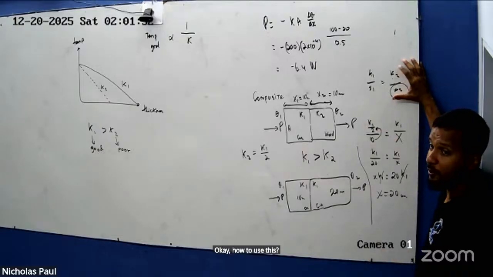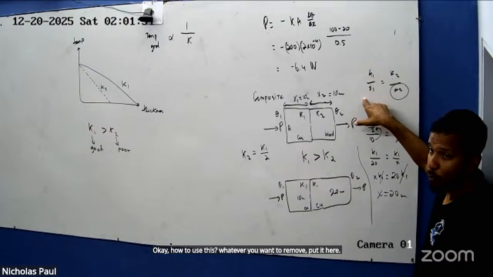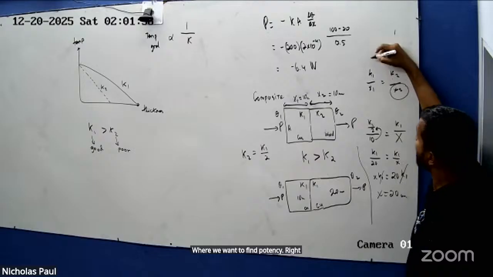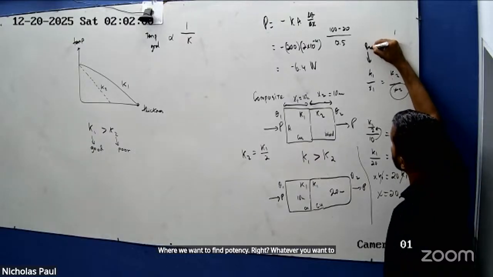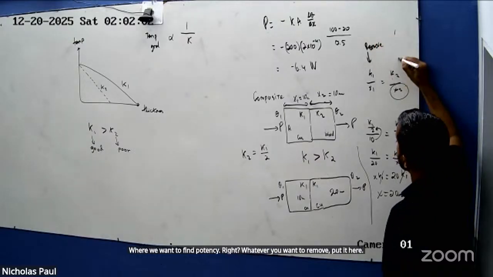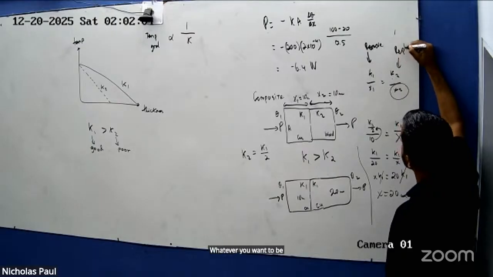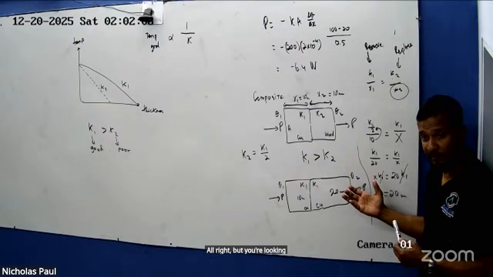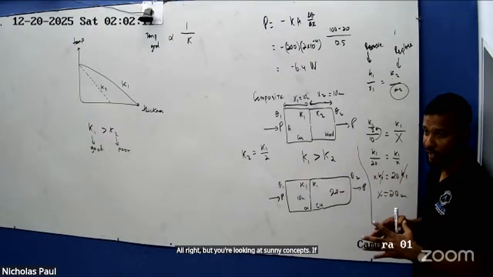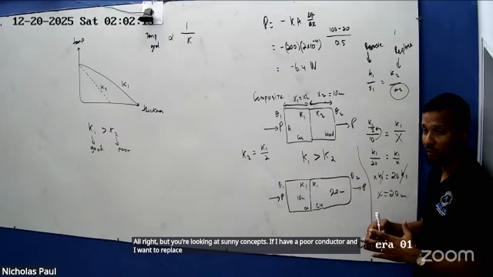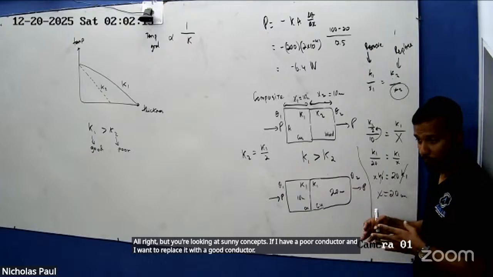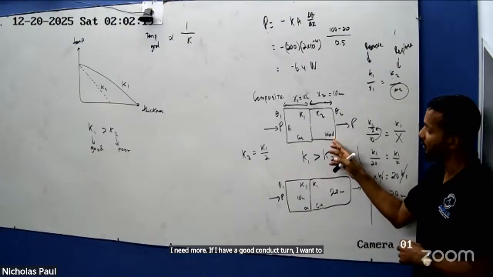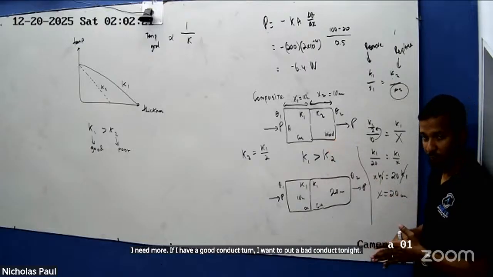Whatever you want to remove, put it here. Whatever you want to replace it with, put it here. But understand the concepts: if I have a poor conductor and want to replace it with a good conductor, I need more. If I have a good conductor and want to put in a bad conductor, I need less.